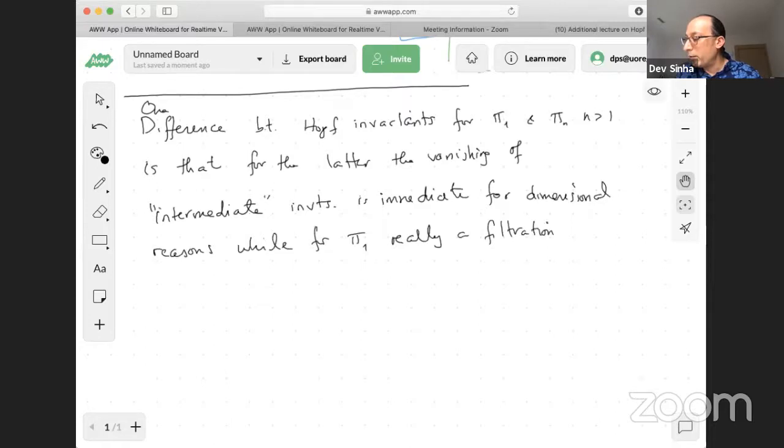You can really think of this as an obstruction theory. It has that flavor. In order to have something defined, you have to have something else vanish before it.